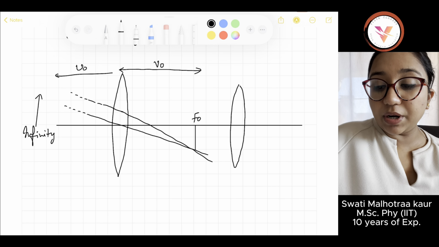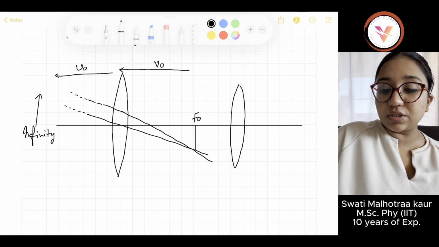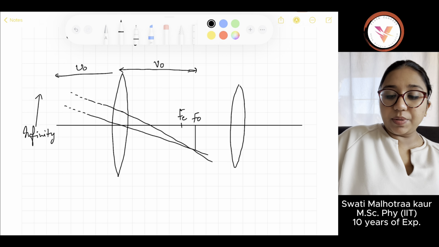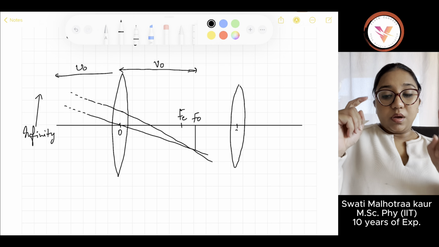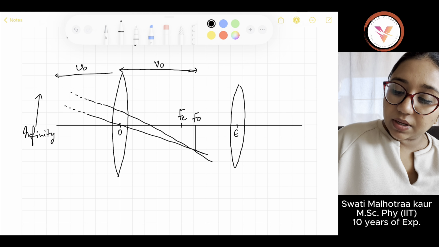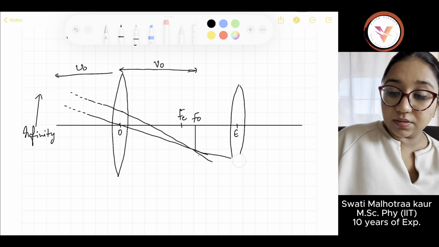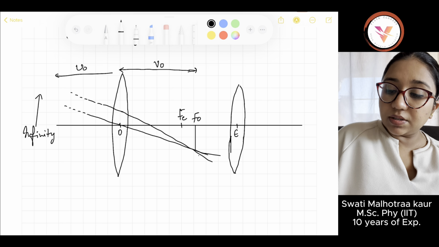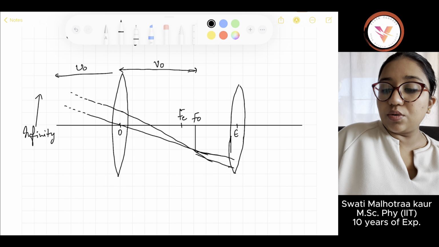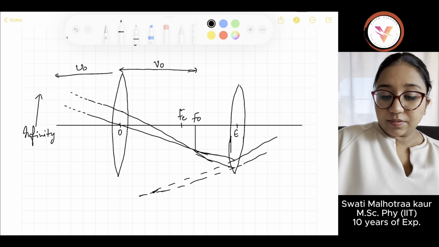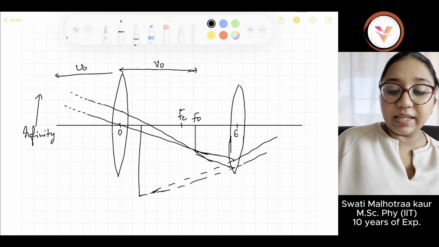Now, if the image is formed at least distance of distinct vision, then your FE should be behind FO, because the image should be between optical center and focus. Now the rays will come here. You have to adjust the lens accordingly so that the rays will pass from here and go there, and when you extrapolate it, the two rays will meet somewhere here at least distance of distinct vision.